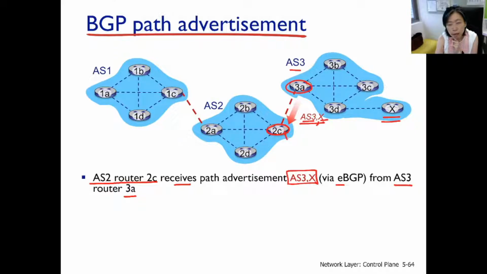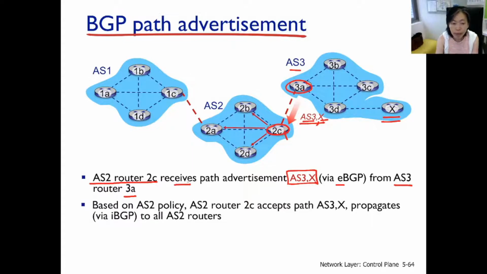Now, if you recall in the very early slide, the border router would then propagate the AS path throughout all routers in the network. But no, there's import policy. So the exact process is more like this. 2C will actually check AS2's import policy.